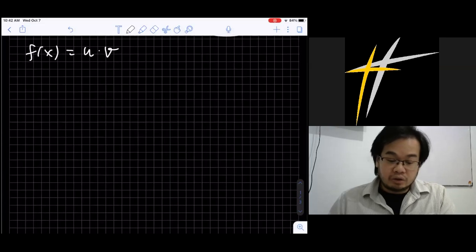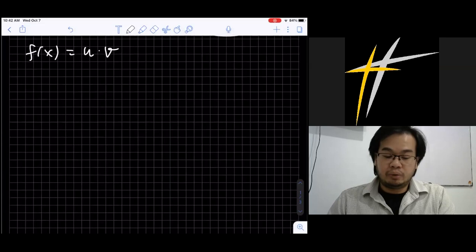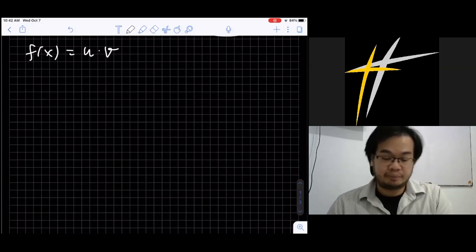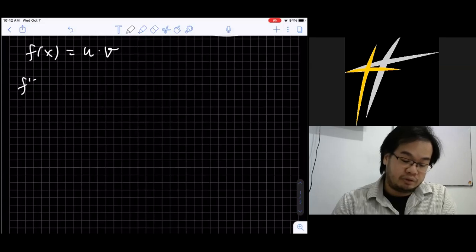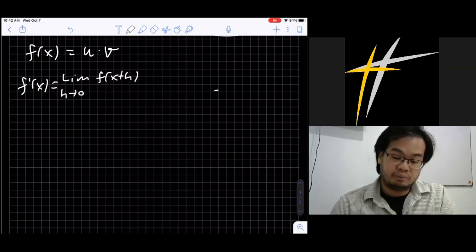Like I said, to find the formula of the derivative, you always use the mathematical definition of the derivative, which is the limit of f(x plus h) minus f(x) over h.